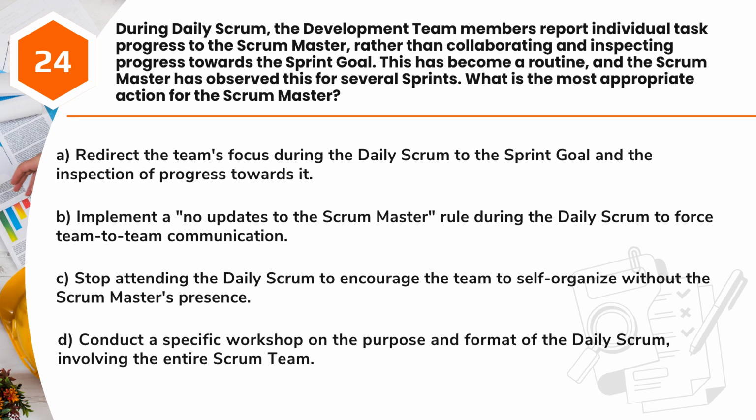B. Implement a "no updates to the Scrum Master" rule during the daily Scrum to force team-to-team communication. C. Stop attending the daily Scrum to encourage the team to self-organize without the Scrum Master's presence. D. Conduct a specific workshop on the purpose and format of the daily Scrum, involving the entire Scrum team.